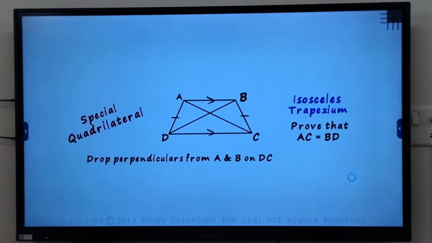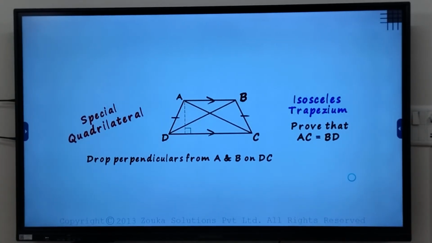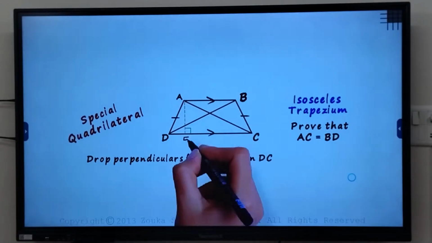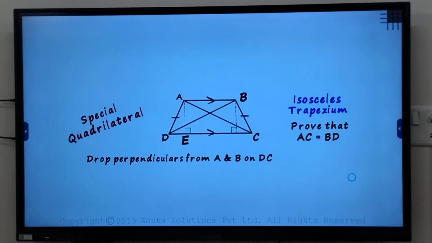We can drop perpendiculars from A and B onto DC. This is a perpendicular from A onto DC. Let's call it AE. And this is the perpendicular from point B onto DC. And let's call it BF.